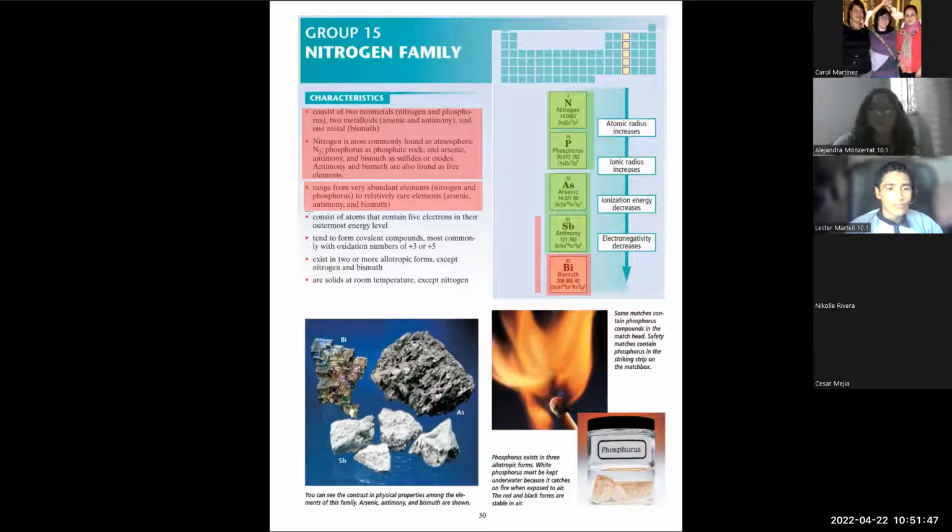All of them consist of atoms that contain 5 electrons in the outermost level. So if you see nitrogen, it ends in 2s2, 2p3. That means that they have 5 electrons in the outermost layer. Phosphorus, 3s2, 3p3. Okay? 2 plus 3, 5 electrons in the outermost layer. This one, arsenic, the outermost level is 4.